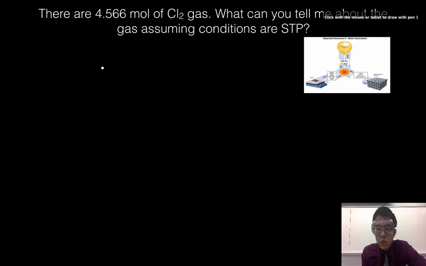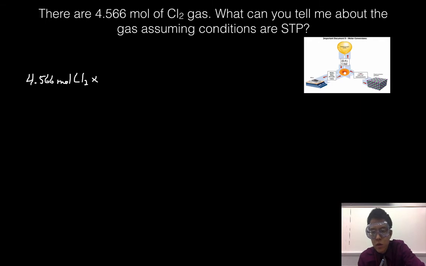Alright, so starting off, I've got 4.566 moles of Cl2. And one place that I do want to go is to the volume. Now, it's important that I note that this is at STP. Again, STP stands for standard temperature and pressure, and that means a temperature of 0 degrees Celsius and a pressure of 1 atm.